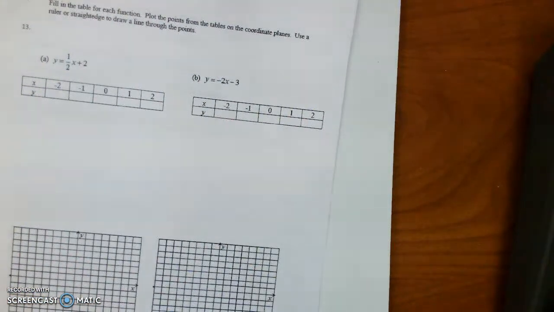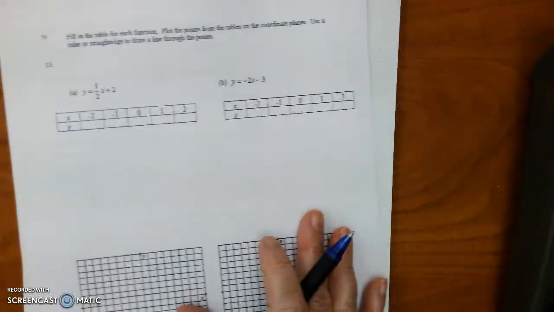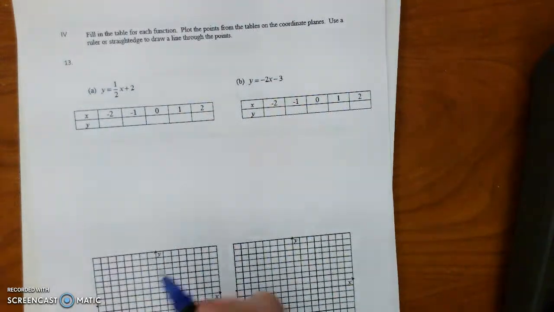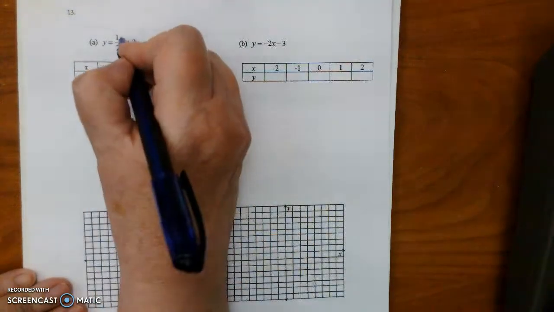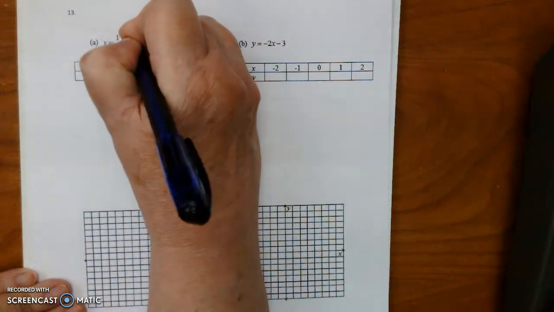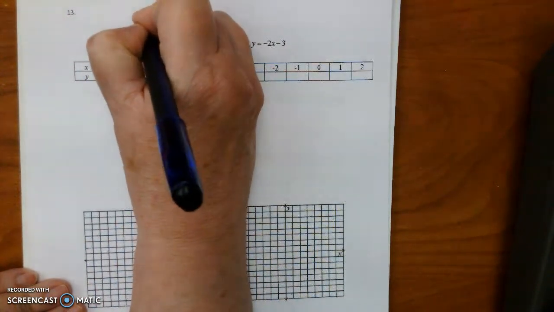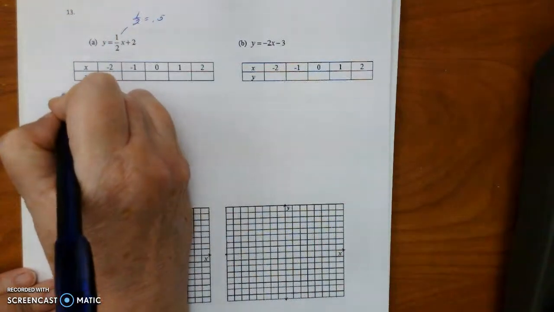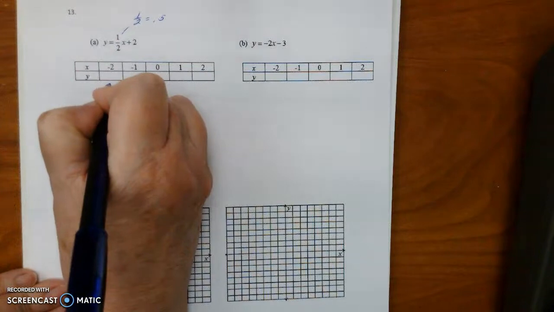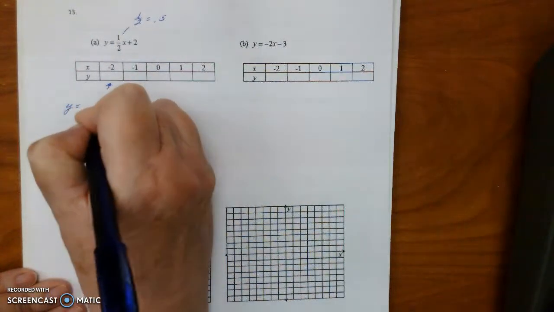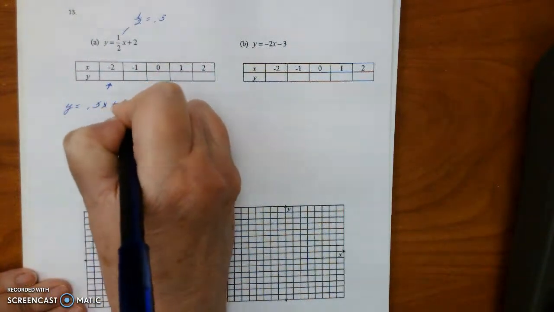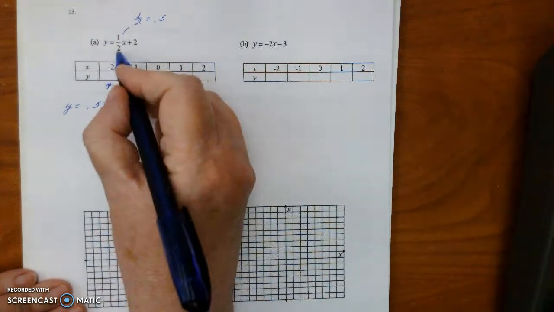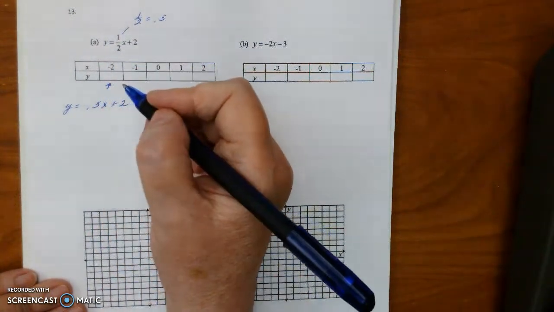Okay? Now we're going to do the next one. And we are going to do some calculations. I'm going to do the first one for you. So when there's a fraction, if I take 1/2 and I divide it, it becomes 0.5. So the first one is y equals 0.5x plus 2, because I find it easier to multiply with the calculator.